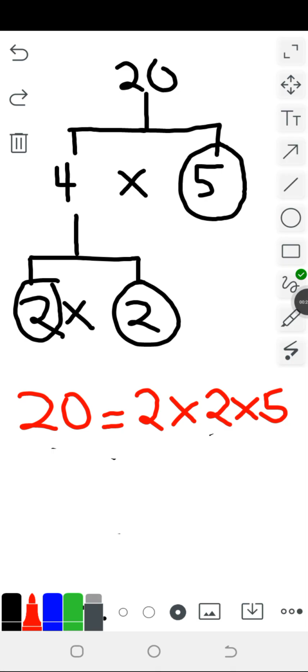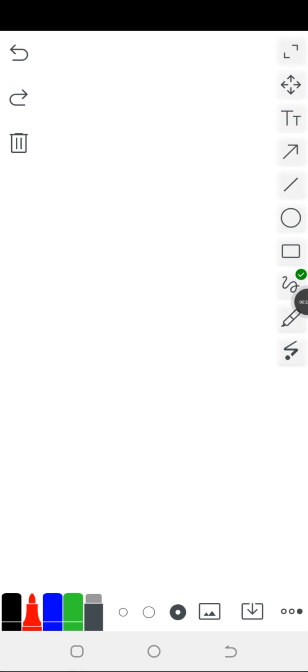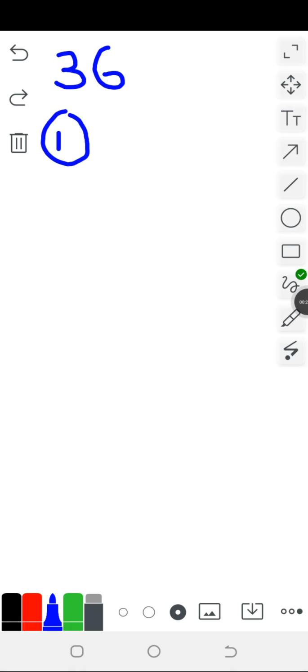Now the next example after this is 36. I want to break down 36 into prime factors. Now the first method, the long division method, as I explained to you: you draw a vertical line and you write your number 36.